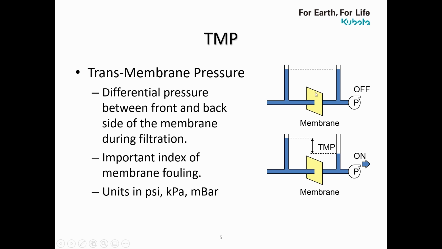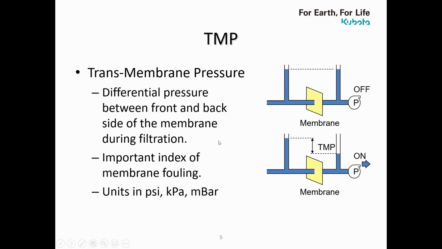If you have a straw with a little filter at the end of the straw, and you're sucking water with your mouth, if the filter is very fouled, you have to suck very strong. So when the TMP is high, that means you have a lot of pressure loss at the membrane. So it's a very important index that indicates membrane fouling.